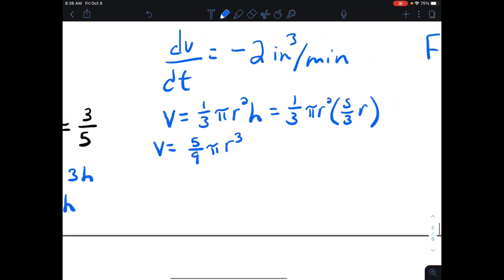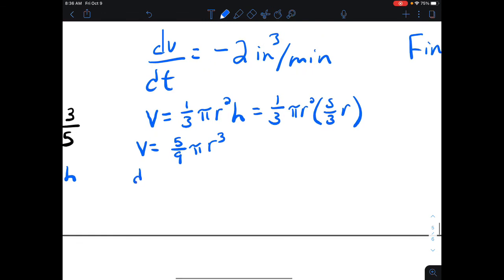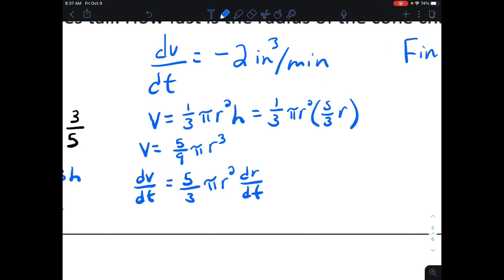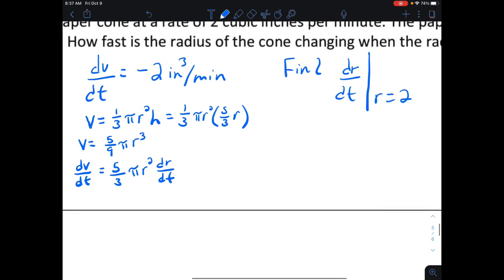Now we can take the derivative. The derivative of everything with respect to t would equal 5/3 pi r squared dr/dt. So we have a derivative line. Now we go back and look at what we're trying to find.